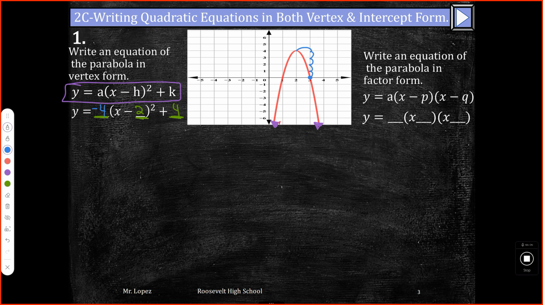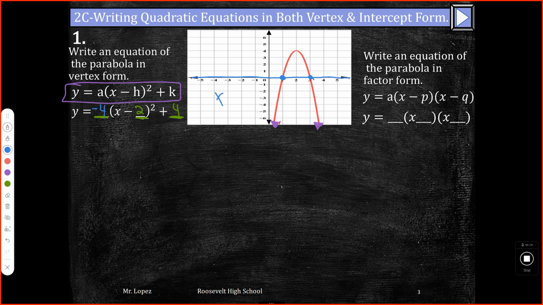So now we're going to write the equation of the parabola in factor form. Okay, so let's go over here. And where the parabola crosses the x-axis, that's where you're going to get your x-intercepts.